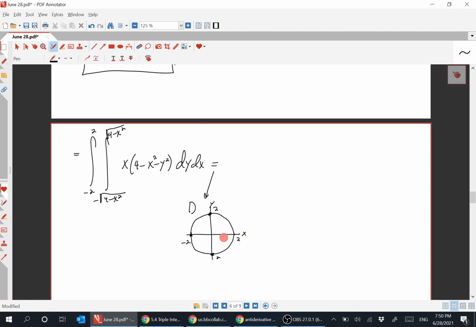So this is the whole disk of radius 2, which can be described better in polar coordinates. This is just 0 less than or equal to r less than or equal to 2, 0 less than or equal to theta less than or equal to 2 pi.